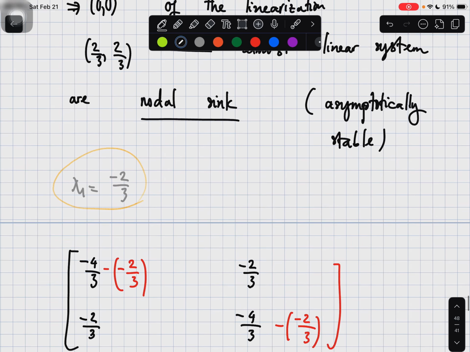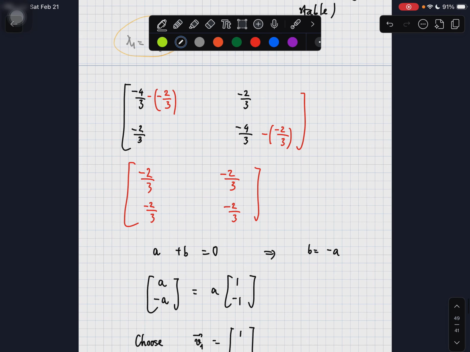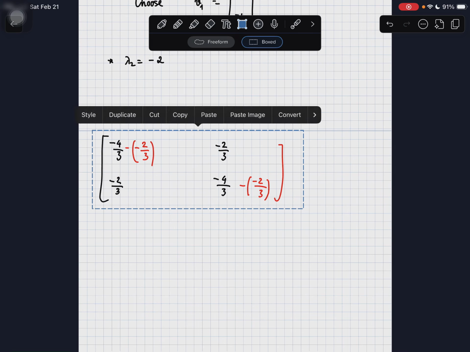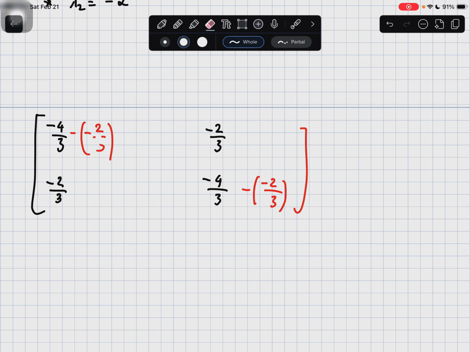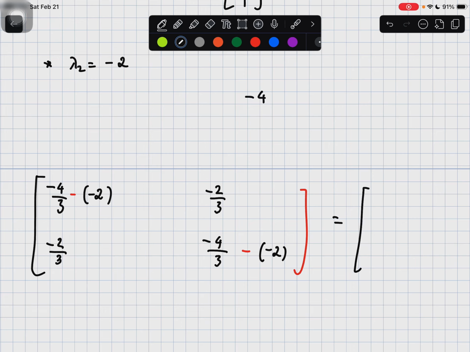Let's do the second eigenvector, lambda 2 equal to minus 2. Now here the Jacobian matrix, J minus lambda 2. So you have minus 4 over 3 plus 2, so plus 6 over 3, 2 over 3, minus 2 over 3, minus 2 over 3, 2 over 3.